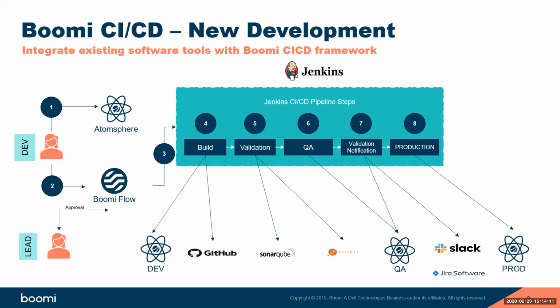This slide represents a Boomi Flow, but that's not a mandatory step to have a CI/CD pipeline, if I may call it that. Once a development activity happens, it will go through some kind of approval process. Once the approval is granted, done through Boomi Flow or, at a very basic level, through an email, it can start the CI/CD.